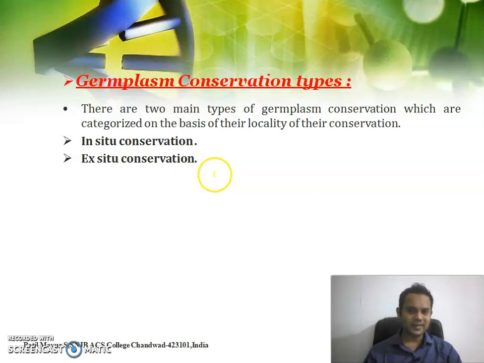In the next lecture, we'll study these two types of conservation methods in detail. I hope you have all understood what germplasm is and why its conservation is important, and I hope you will start to think over it.